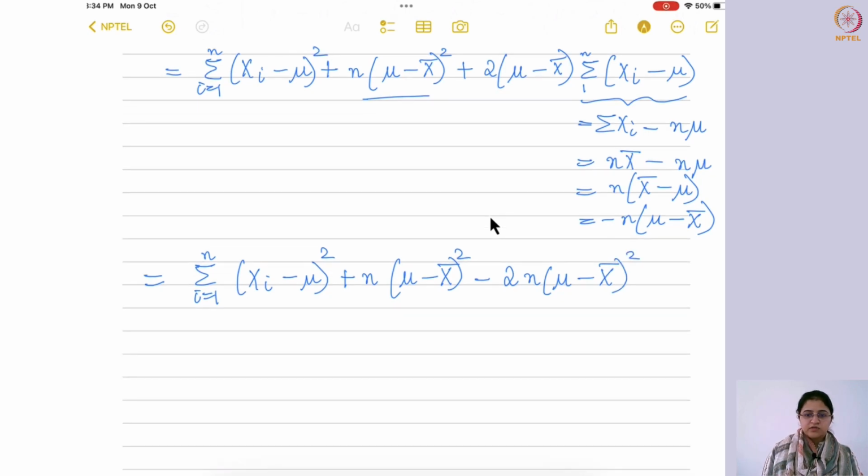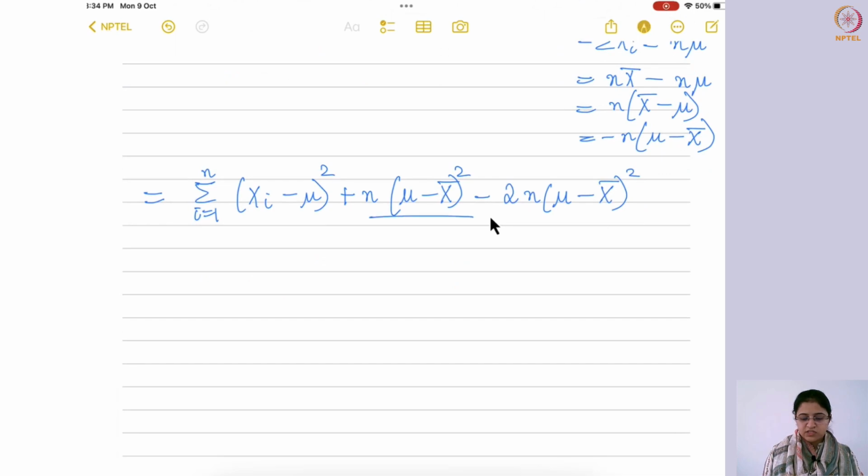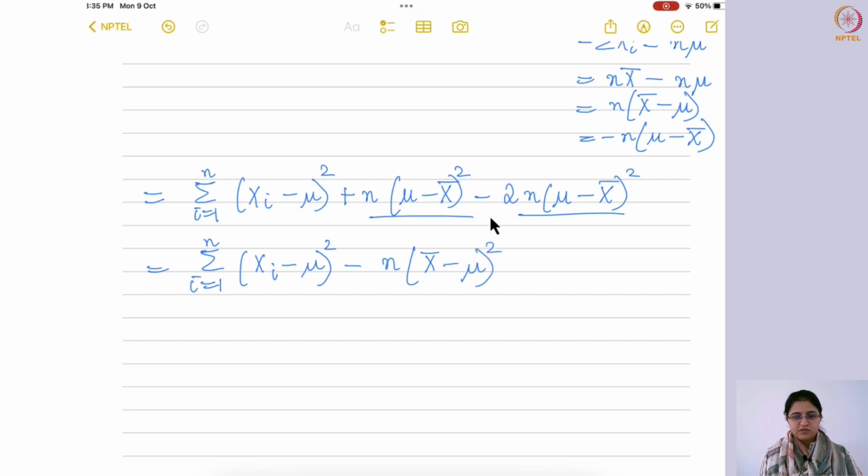Okay. So you see that this term and this term are the same. So basically we are left with summation xi minus mu whole square minus n times mu minus x bar whole square, or I can also write it as x bar minus mu whole square because this is a square term, so it won't be affected. Fine.